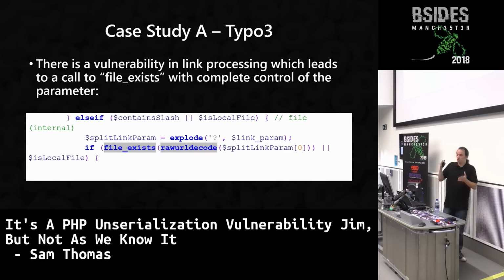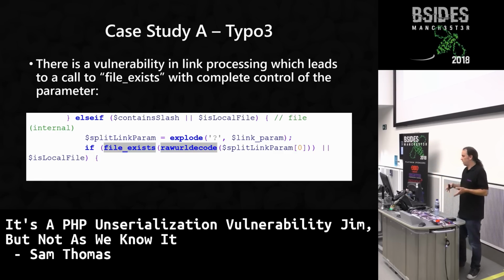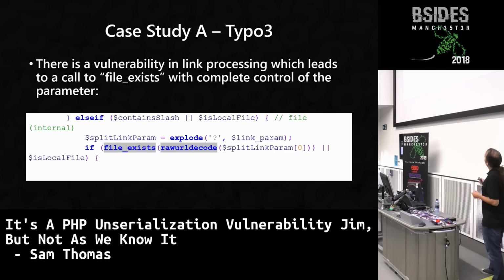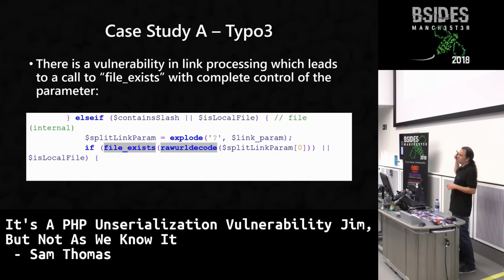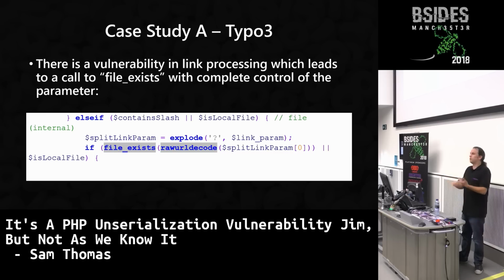The code path from user input to where the vulnerability is fairly complicated, but the vulnerability is hopefully fairly clear from here. Where we end up is with file_exists being called on a URL decoded value. The issue is when it processes links and tries to work out how to process the path, it does things like check if it's got colons or slashes in it and says, oh no, that's a remote file.